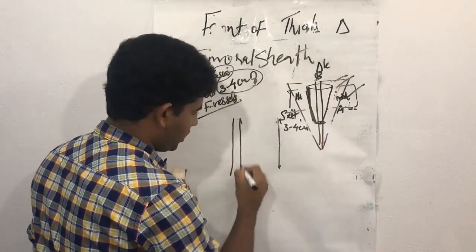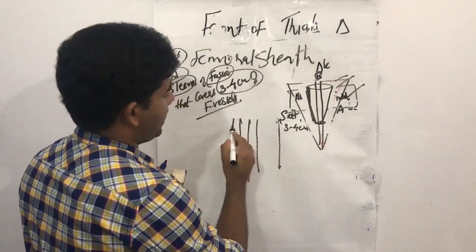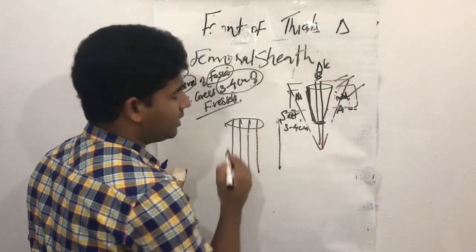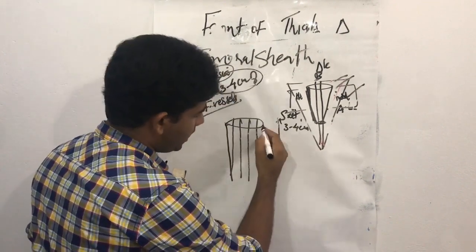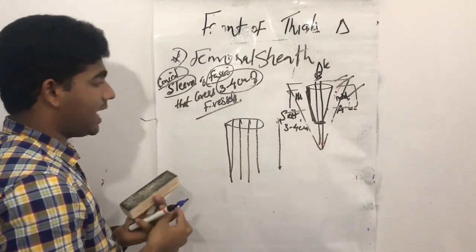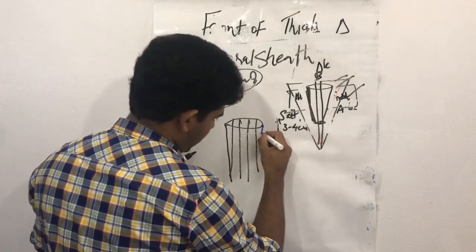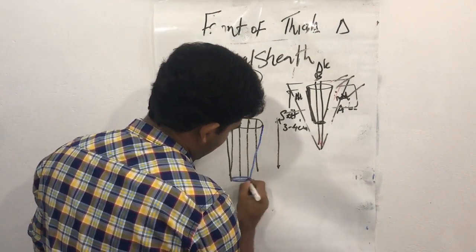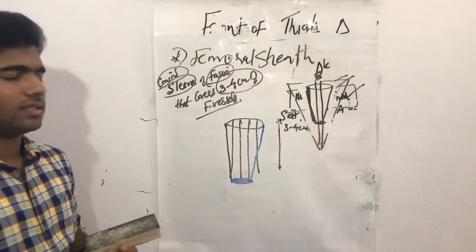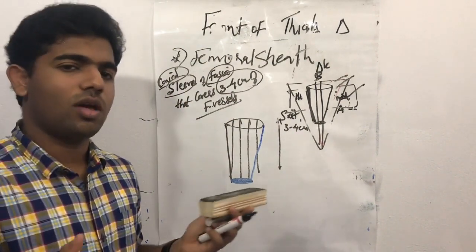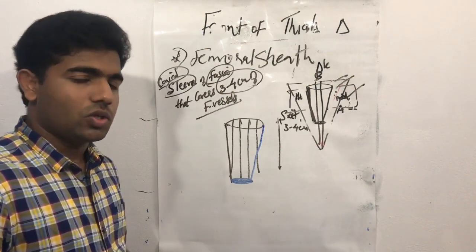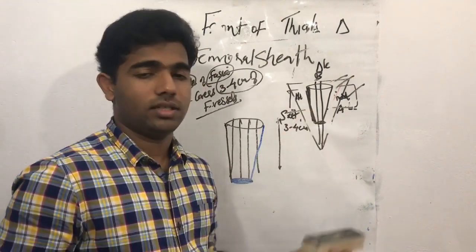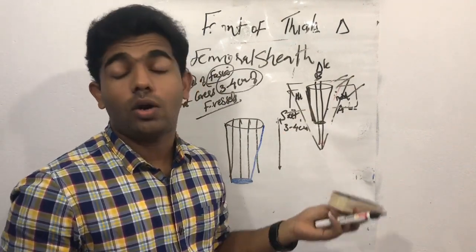Here you have femoral artery, here you have femoral vein, and it is a conical shaped covering of the fascia that covers the femoral artery and the femoral vein, or femoral vessels. So this is it. Clear? That's all about that. Then how is it formed? So you know that this is a femoral triangle and it cannot form like that all of a sudden.